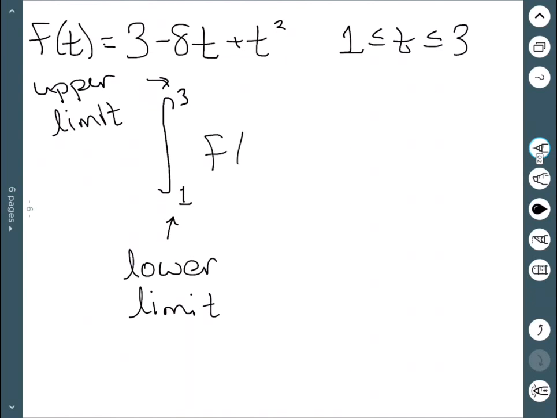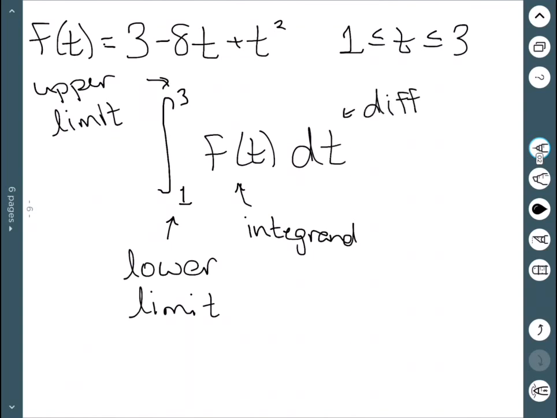We would then write our function, f of t, which is known as the integrand. And then we write dt, which is called the differential. This is the shortcut to say that we're going to add up these rectangles between 1 and 3 of our function. And this is our notation for a definite integral.